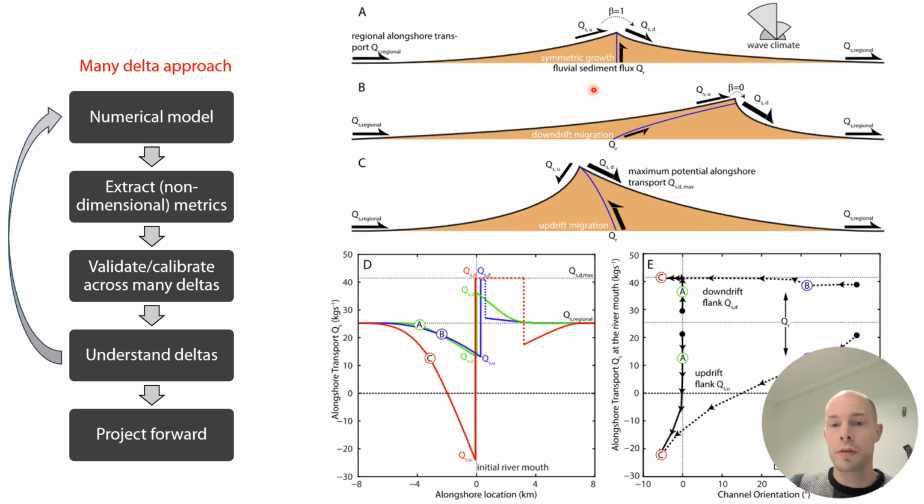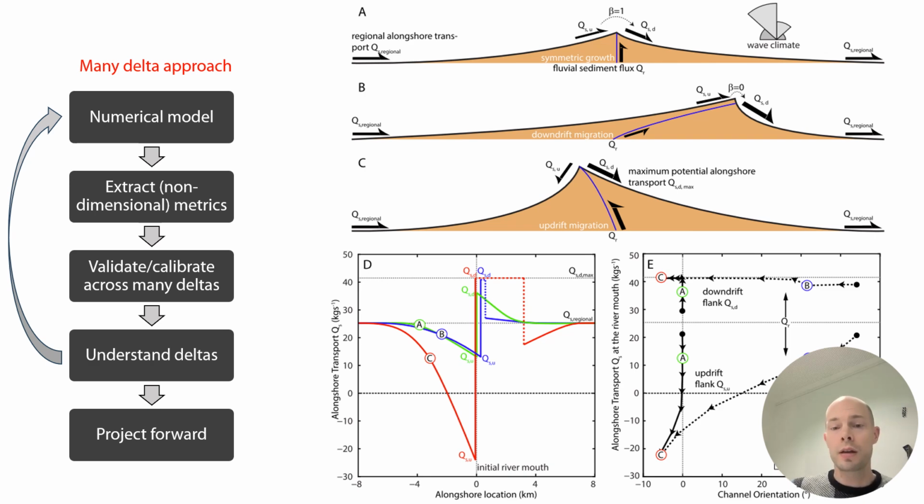So kind of a non-affected channel that just goes straight into the ocean, or a downdrift deflected channel to the right, in this case away from where the waves come from, or an updrift migrating channel that migrates updrift into the direction of the waves. And in all of these three cases, we're able to analyze the alongshore sediment transfer patterns and really find out what it is that makes channels orient in a specific way.